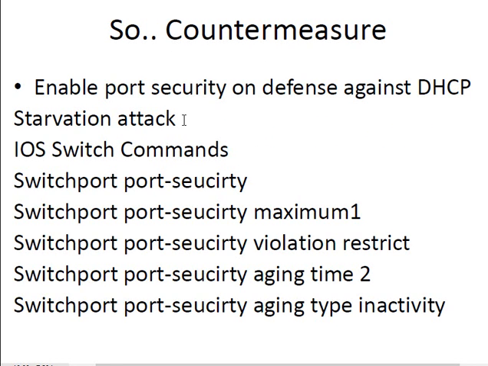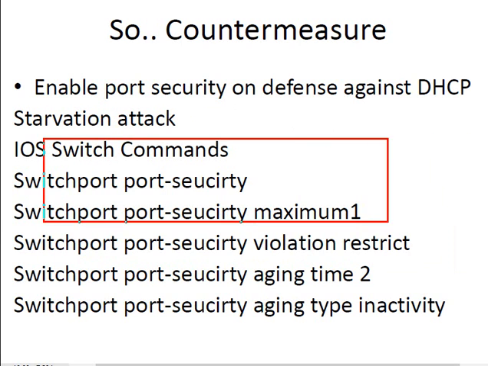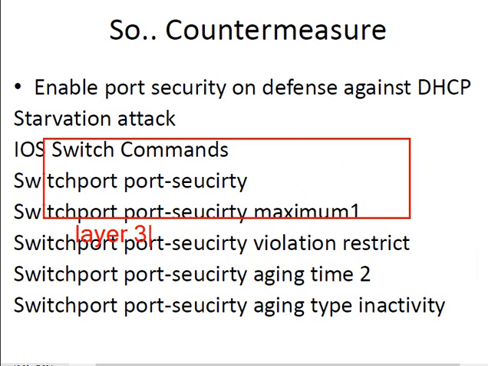The first countermeasure is to enable port security to defend against the DHCP starvation attack. Here, if we have a layer 2 switch, here's my port. We enable port security with only 5 MAC addresses.